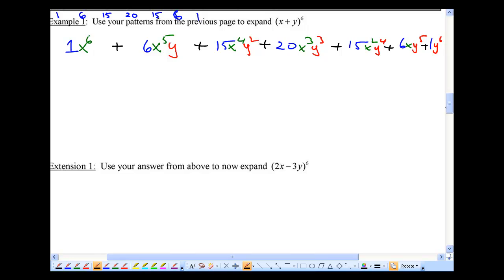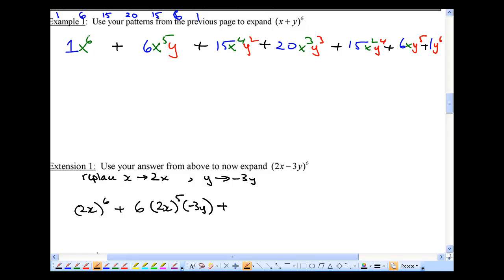Well, what we're doing here is really just saying replace our x from above with 2x and also replace y from above with minus 3y. So let's do that. Instead of 1x to the power 6, it's now 2x to the power 6. Still have the 6 there, but now instead of x to the power 5, it's 2x to the power 5 times y, which is negative 3y. We've got the 15 still. Instead of x to the power 4, it's now 2x.